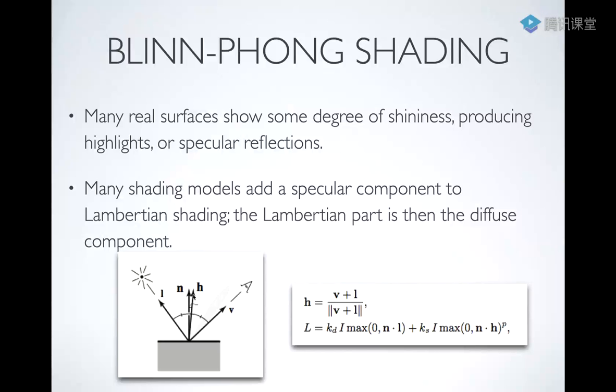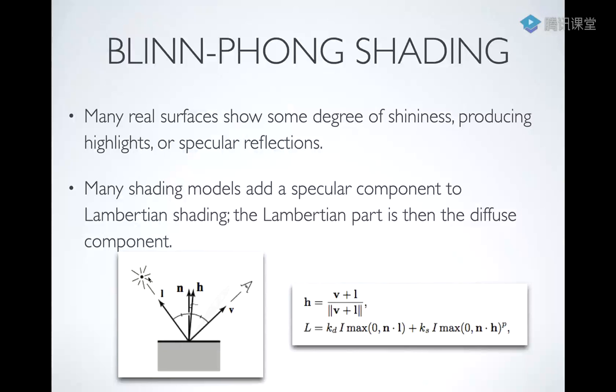Half angle is used in a lot of areas. Half angle is the direction halfway between the light direction and the view direction. We calculate the half angle using this mathematical form. The principle is quite easy because these are all normalized vectors.